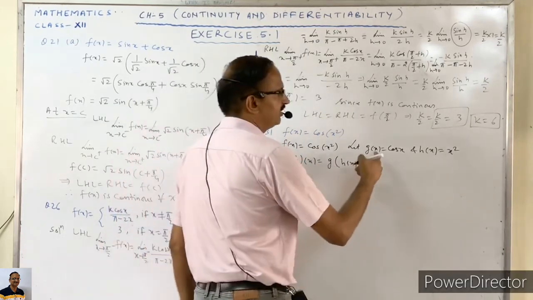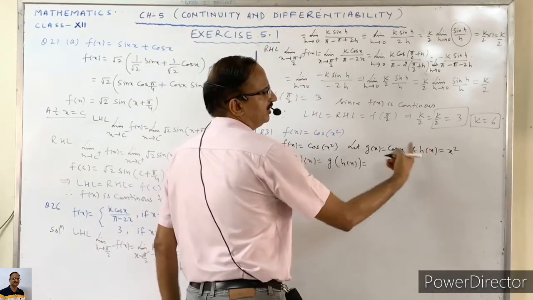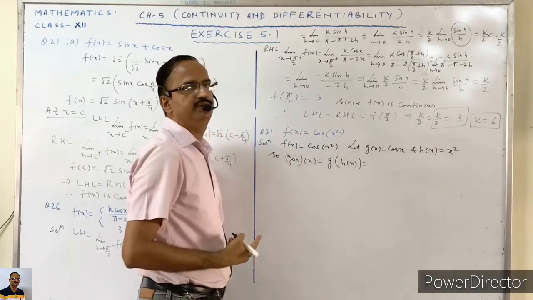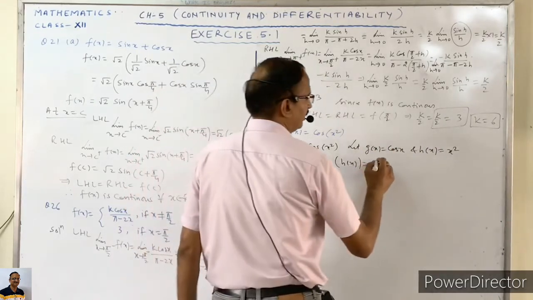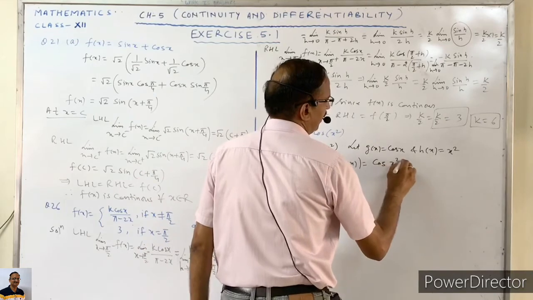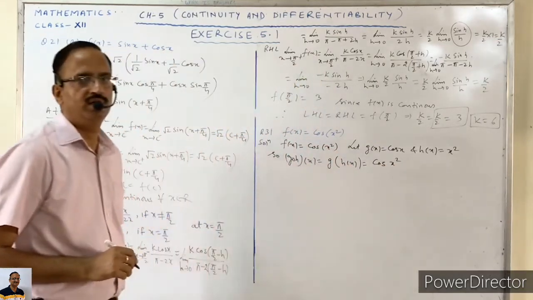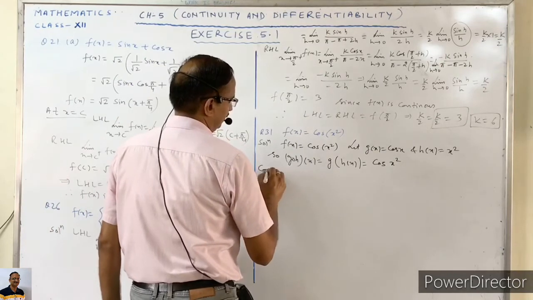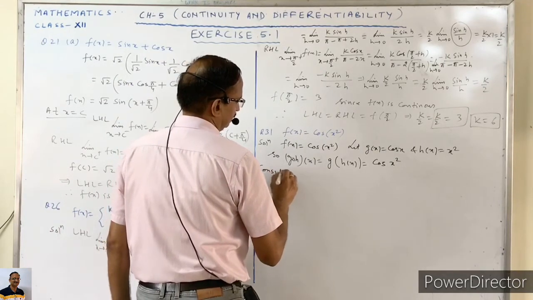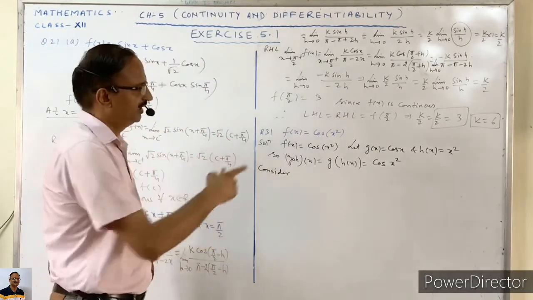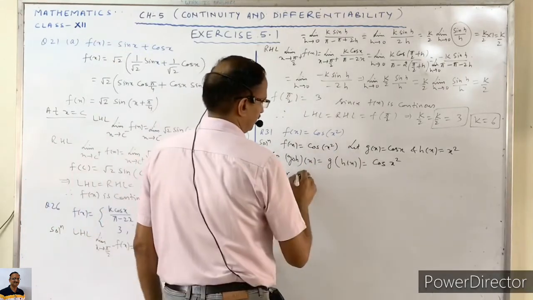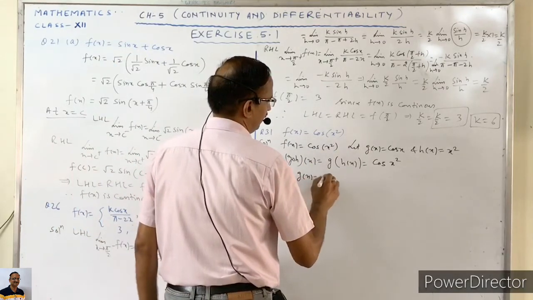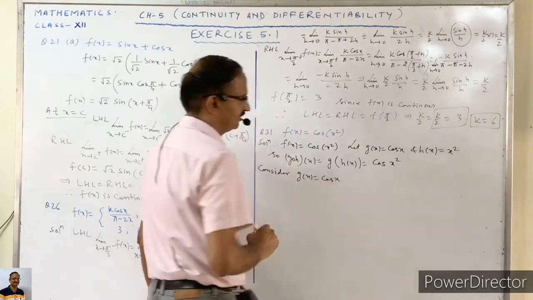So it means when we put this in g function, then we will get cos x square. Now consider this g function. g(x) is cos x.